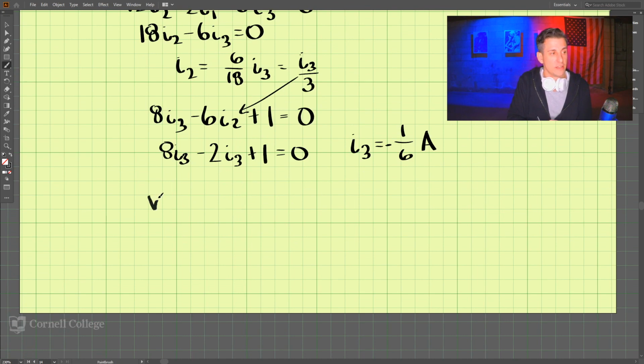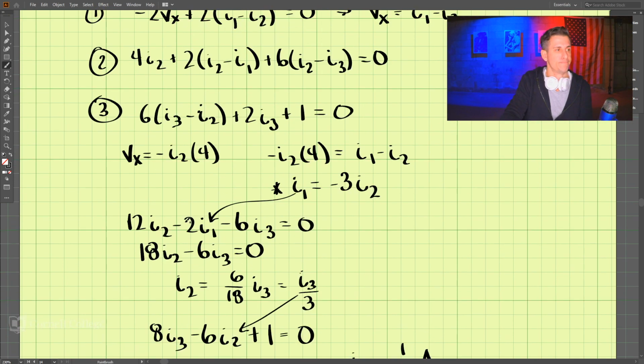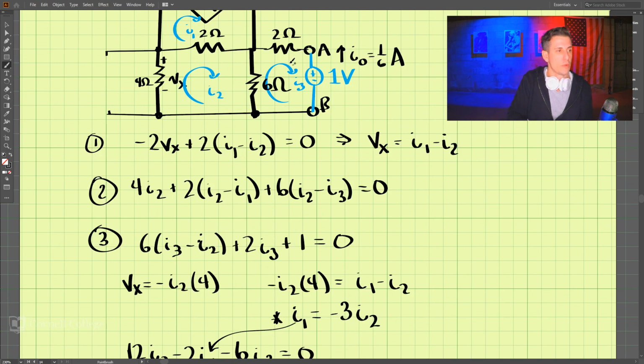Remember that the voltage is equal to I times R. And what we're looking for is the Thevenin resistance here. So we have a voltage, which is 1 volt. That's what we put in here.